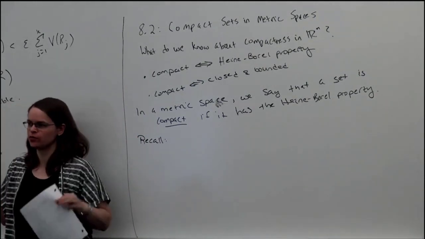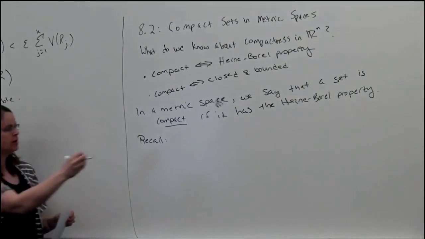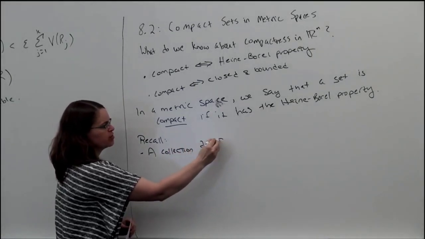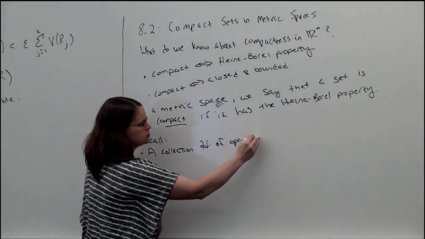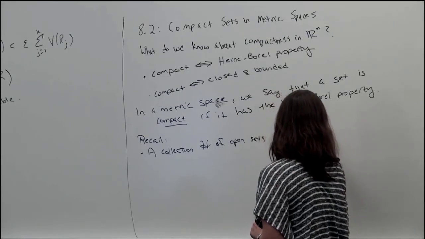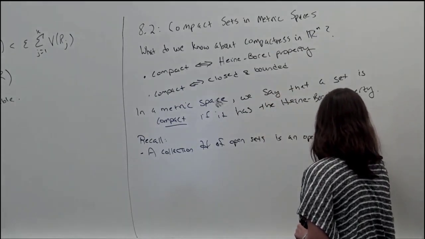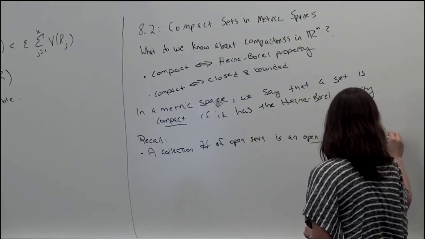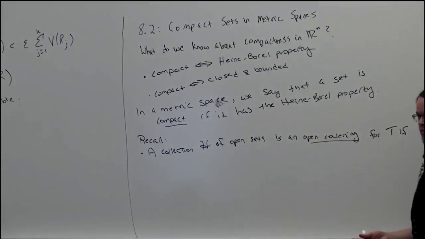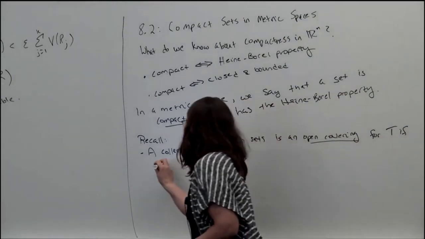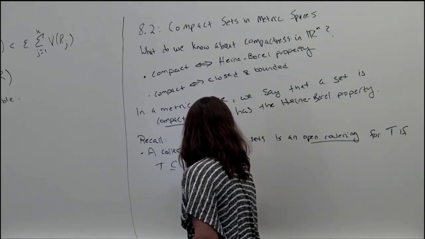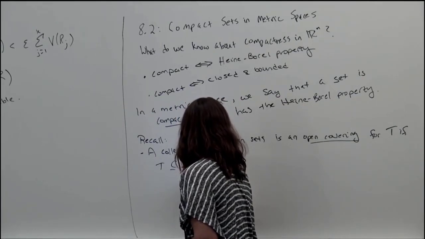The Heine-Borel property works with the concept of an open covering. Okay, so we said that a collection H of open sets is an open covering for another set, let's call it T, if when we take the union of all of these open sets, the union contains everything in T. So if T is a subset of the union of all of the H's such that H is in our covering.